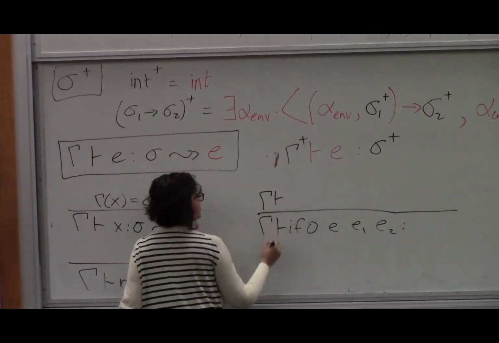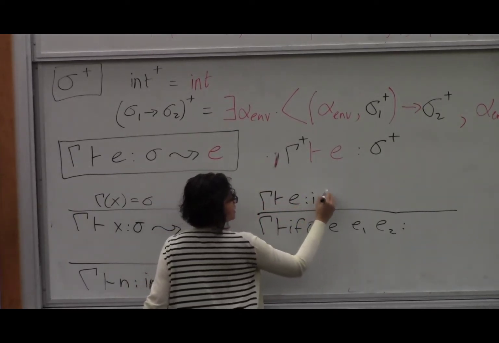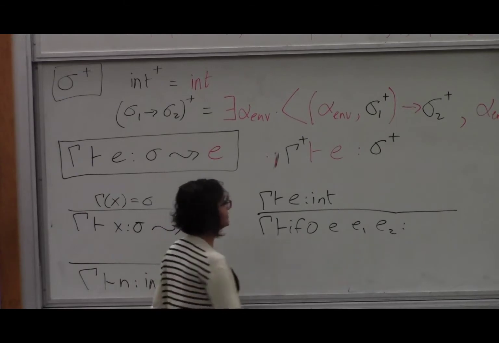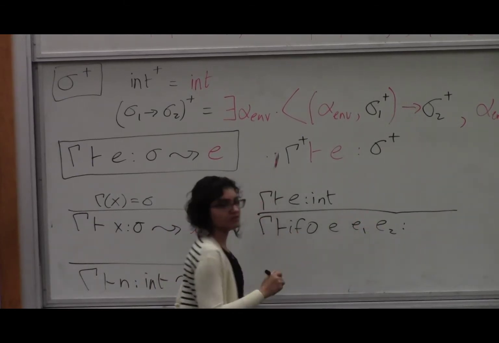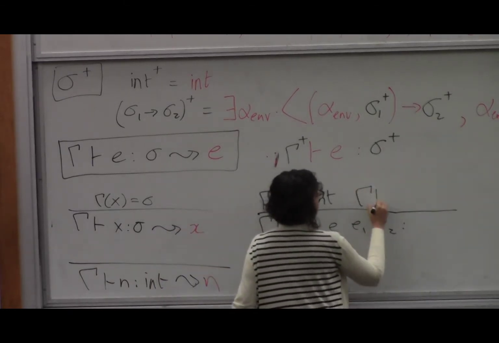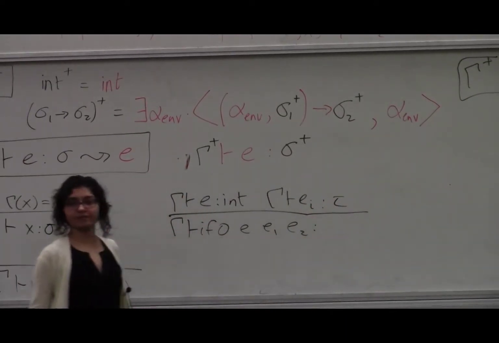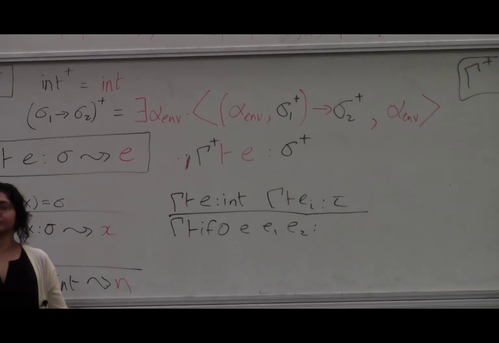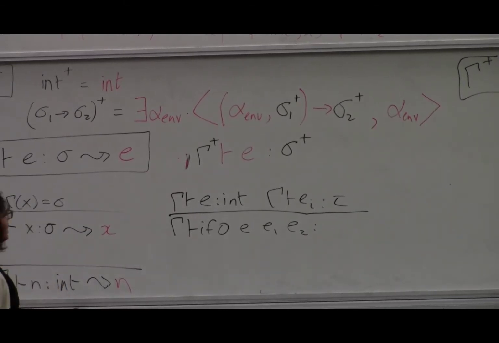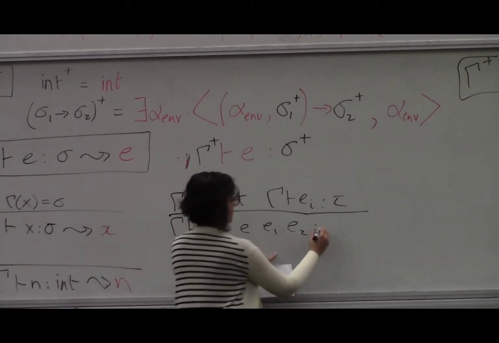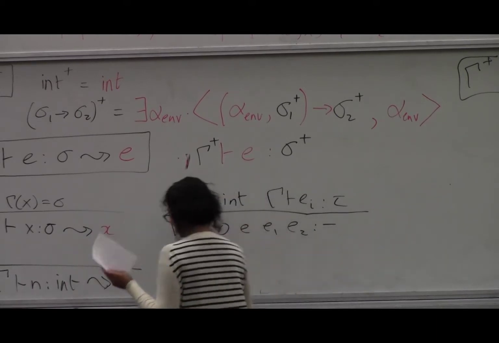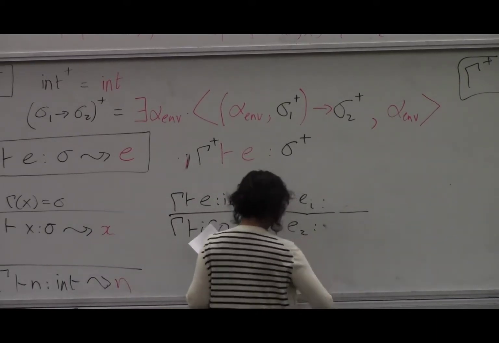So the normal typing rule says e better have type int because we're testing if it's 0, and then the e1 and e2, which I'll just write as ei, better have some type tau, the same type. So E1 better have type tau and E2 better have type tau. Now, what's the type of this? No, not tau. I'm writing sigmas for the source. Sigma.